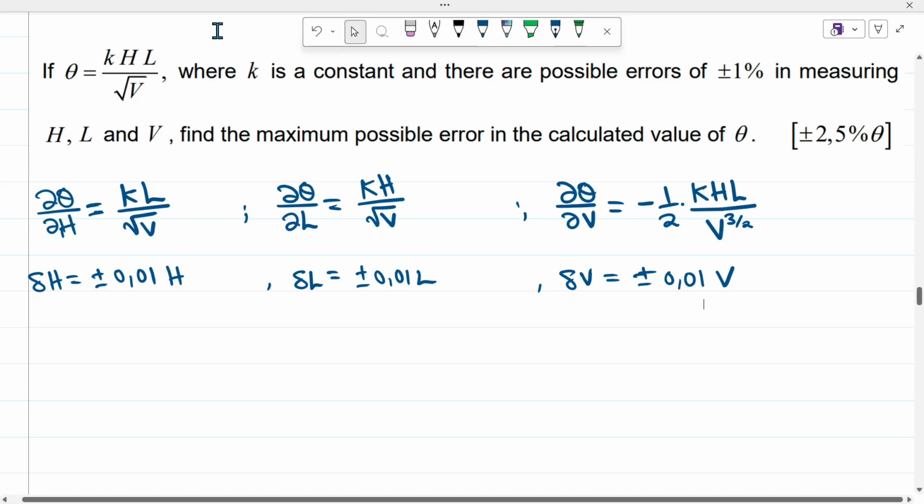Okay, now let's write our formula for the maximum possible percentage change.